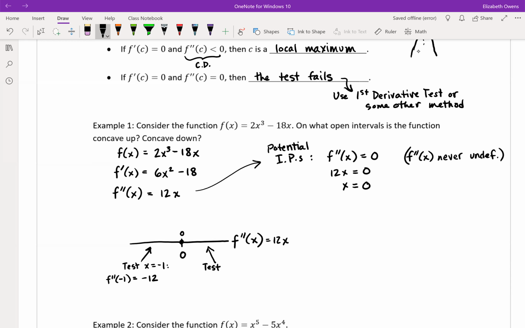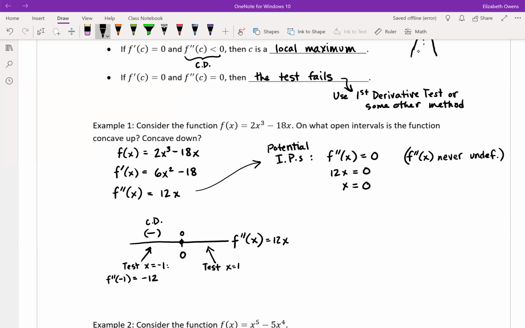But the main idea there is that that is a negative number. So in this whole interval, the second derivative is negative, and negative is going to correspond to being concave down in that interval.